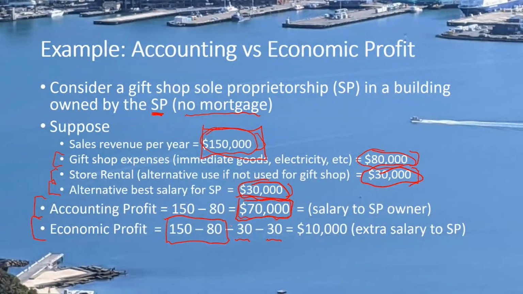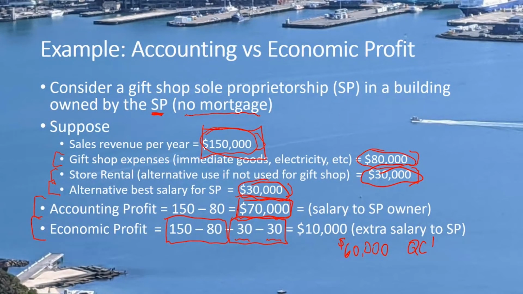And this measurement here, the 30 plus 30, $60,000, is what I'm going to define as OC1. It's the value of the next best opportunity. You're subtracting off the rental because this is something you're giving up in order to do the thing that you're doing. Okay, so it's a cost associated with it.